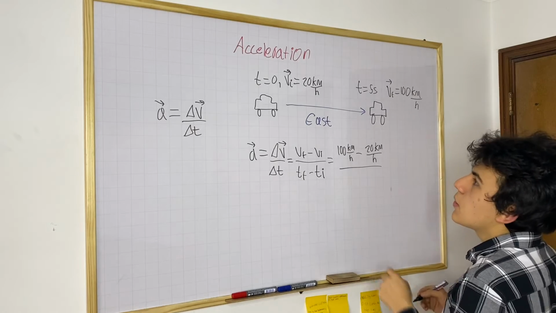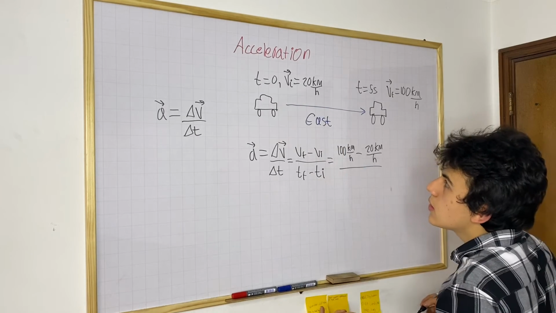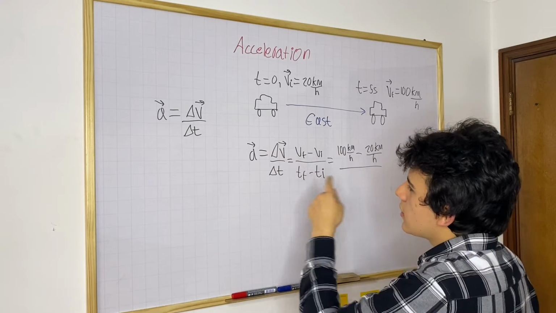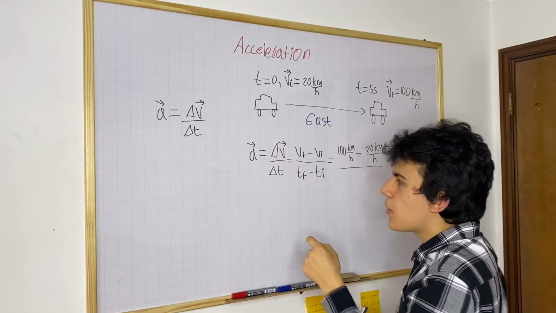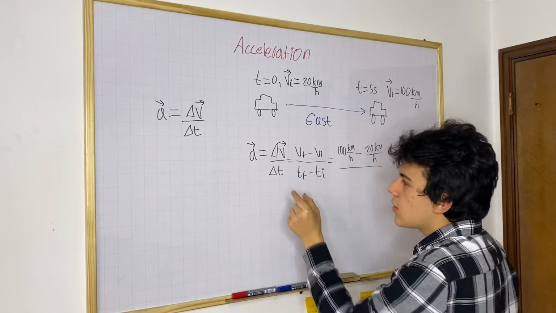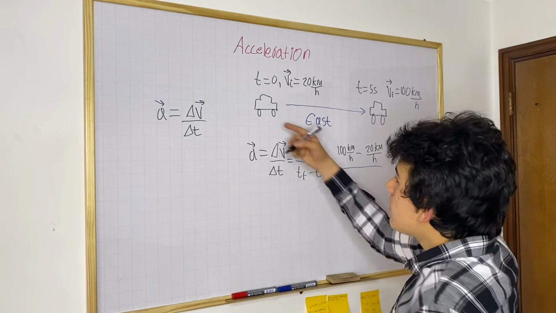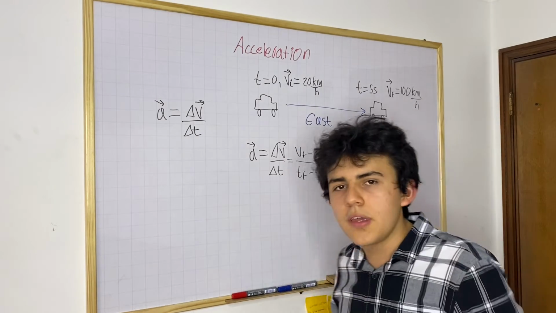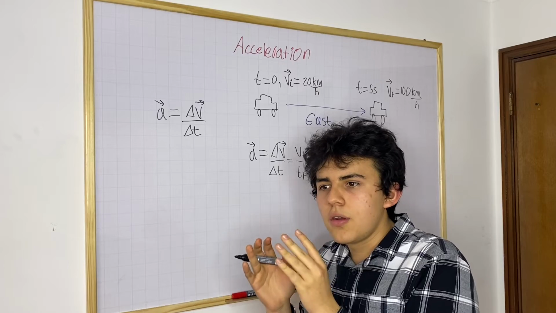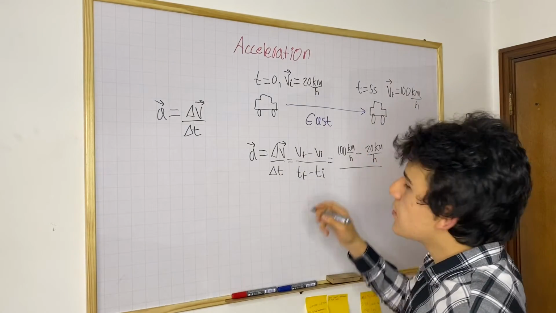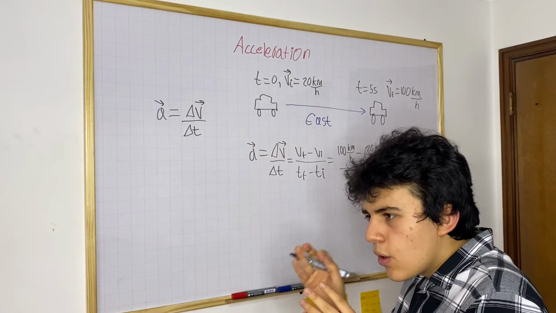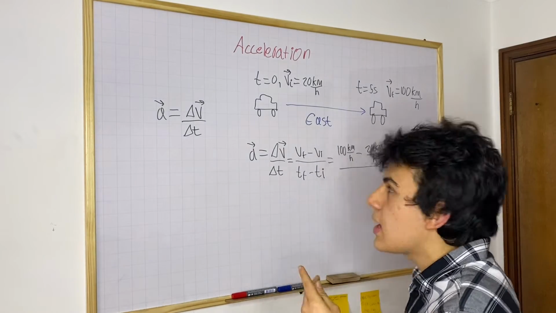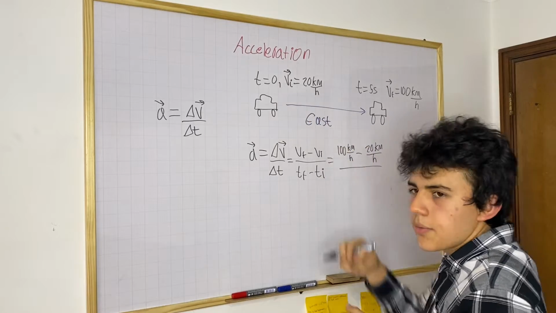And our times, so we started at t equals 0, and apparently the car, here, this is a good example for showing you why it is important that you have a good concept of delta t. It is physically impossible that if t equals 0 is when the car is at rest, at that moment, or just when a very small amount of time has passed, the car now has 20 kilometers per hour.